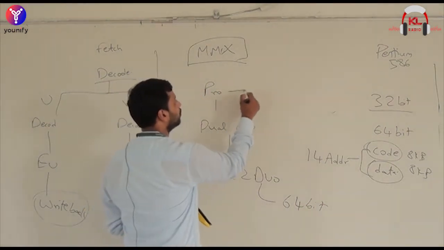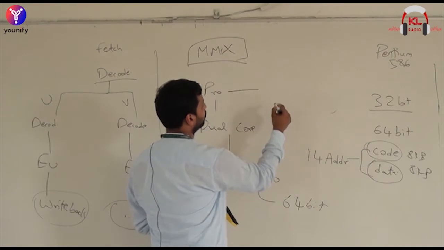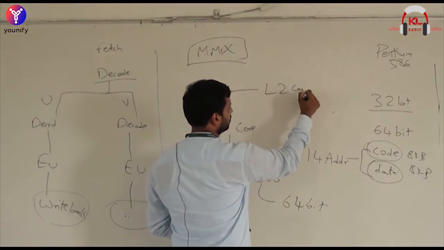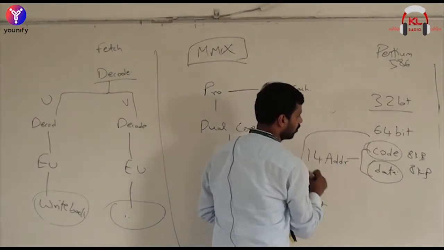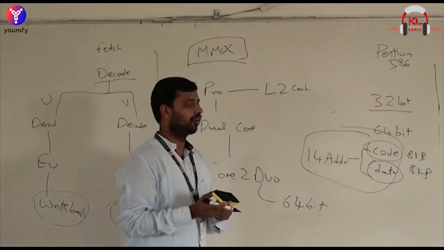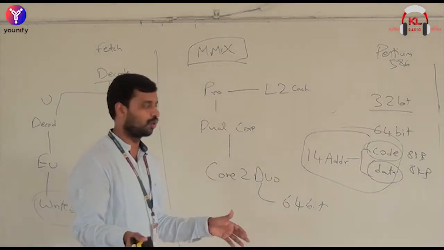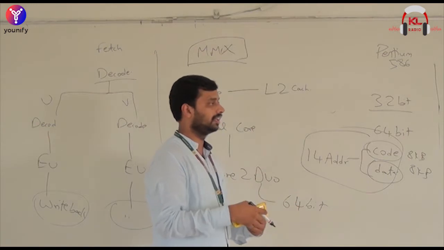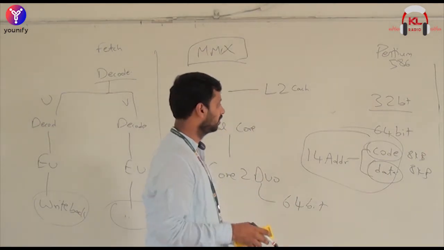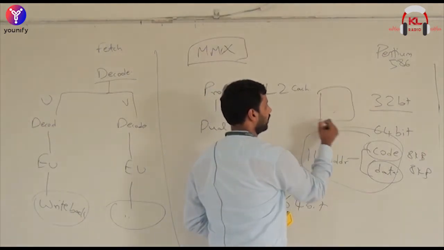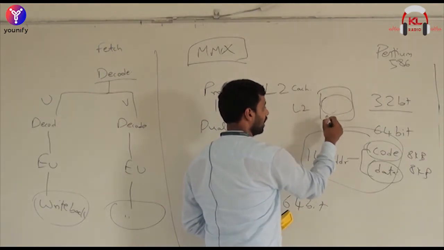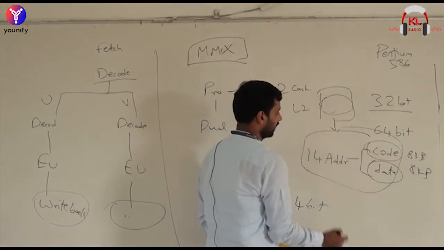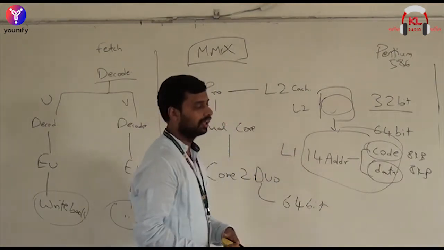A new feature that Pentium 2 adds is a level 2 cache. This is what we call a level 1 cache, where all the data that we are getting in is segregated into code and data. So instead of segregating soon after, we store it in a level 2 cache and then segregate into code and data cache. So this is what we call L1, and this is what we call L2.